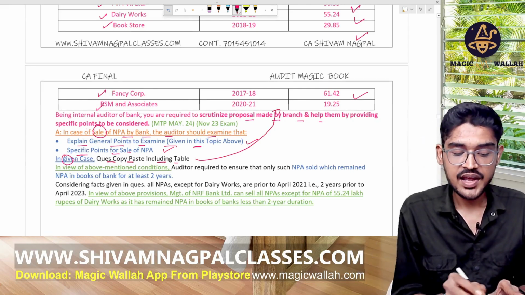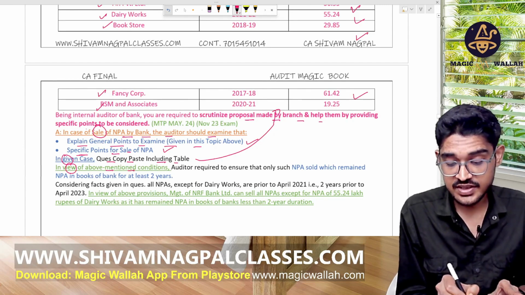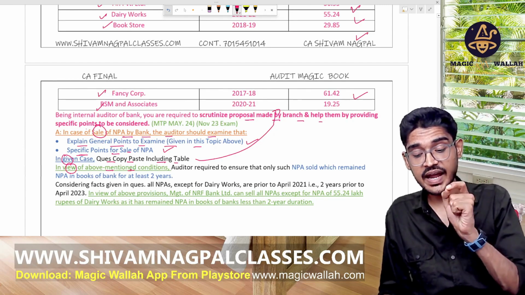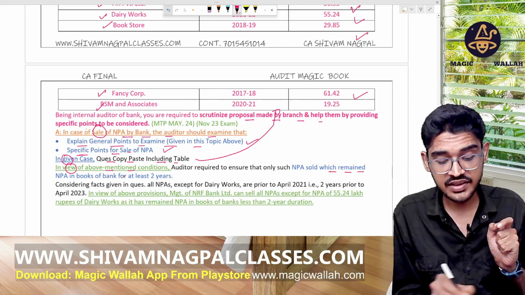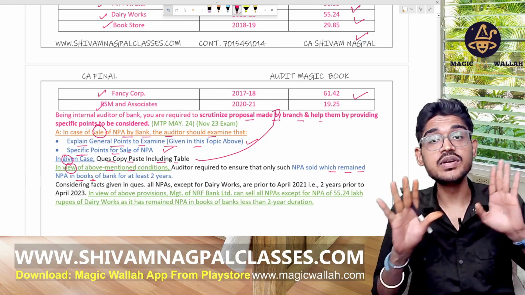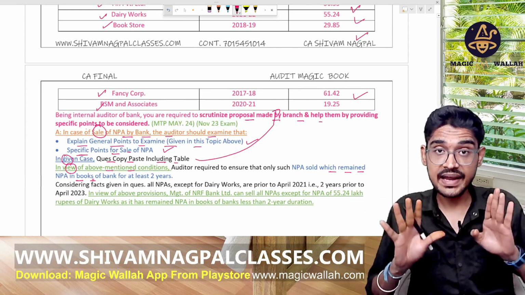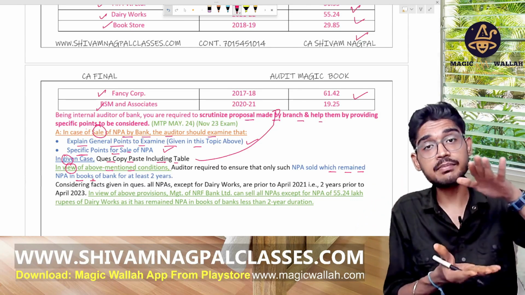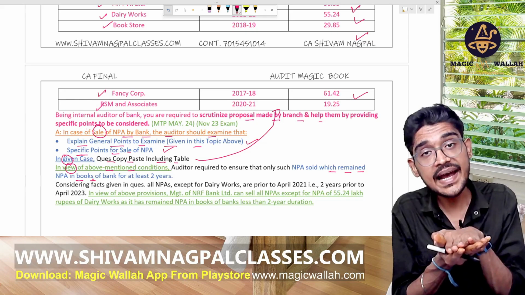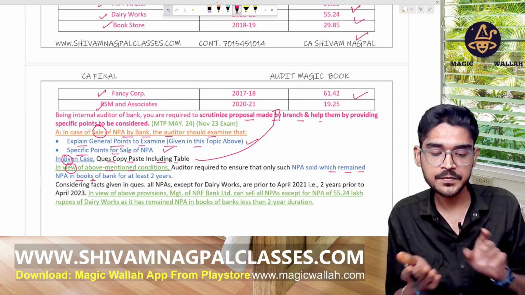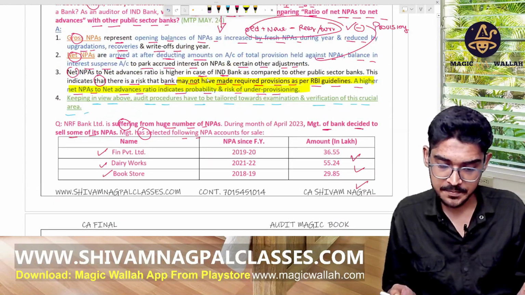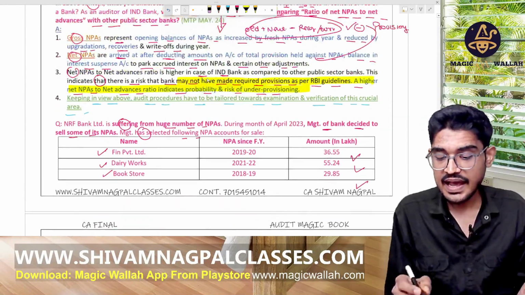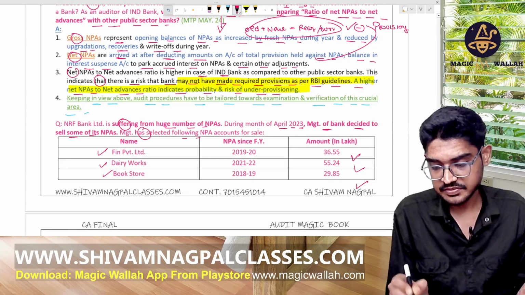In view of the above mentioned conditions, the auditor is required to ensure that only those NPA are sold which have remained in the books of account for at least 2 years. We can sell those NPA which have remained in the bank's books of account at least for 2 years. We are doing it for the year April 23.